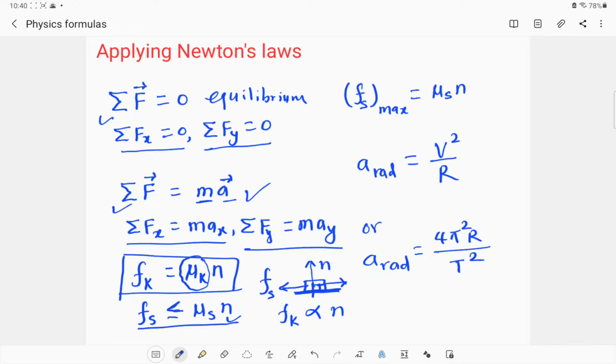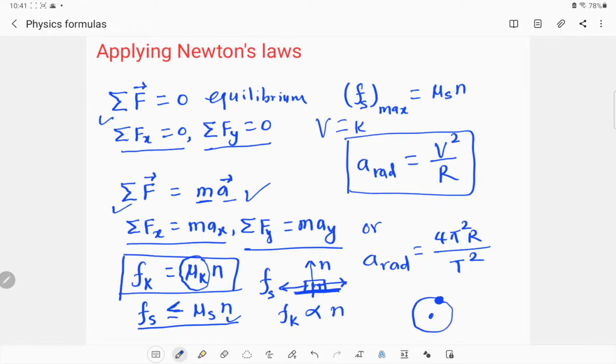This is actually the acceleration towards the center of the circle, in which a particle is moving in a circle with constant velocity. While writing this equation, we consider velocity is constant. This is an object which is moving in a circle like this, and the radius of this circle is r.